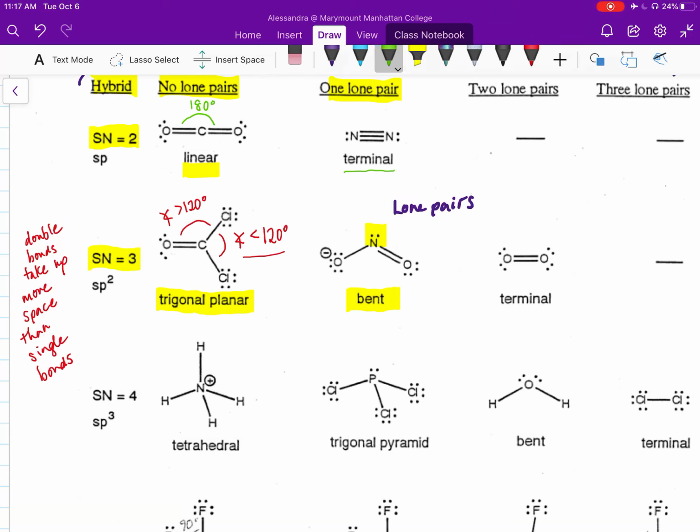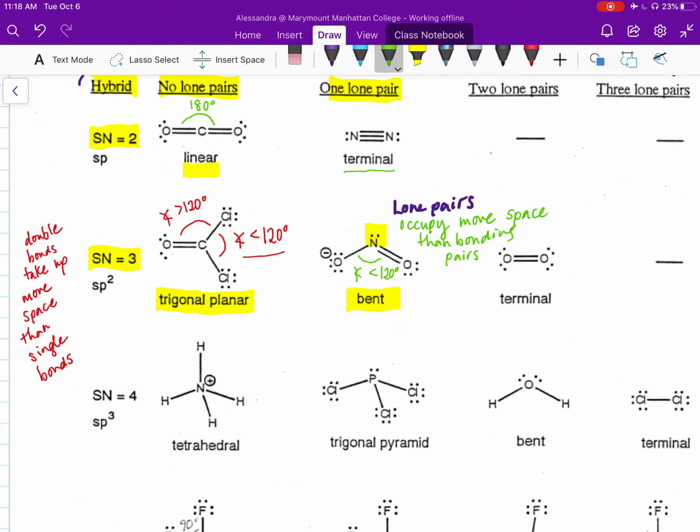So that's sort of the second little addendum to the rule. Lone pairs occupy more space than bonding pairs. So what that does effectively is it squeezes this bond angle so that the bond angle is going to be just a little bit less than 120 degrees because that lone pair takes up more space.